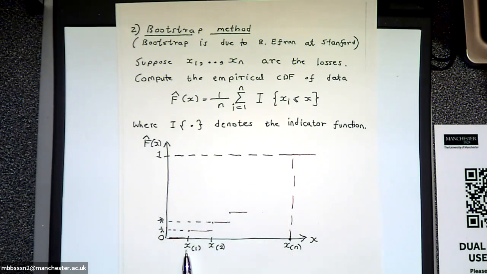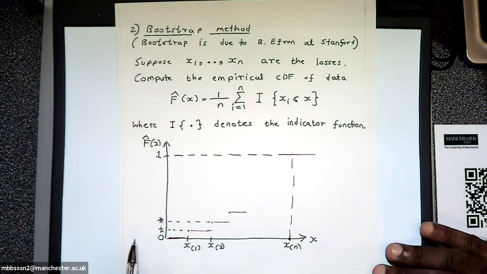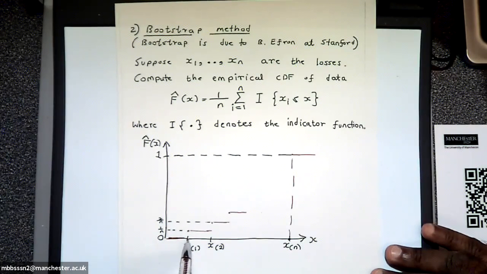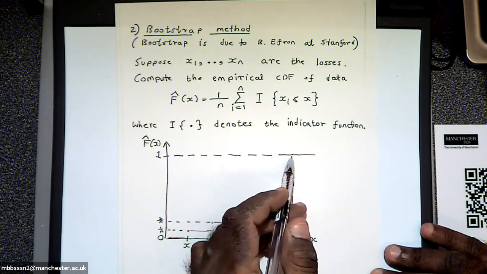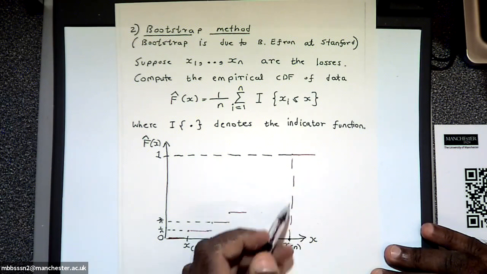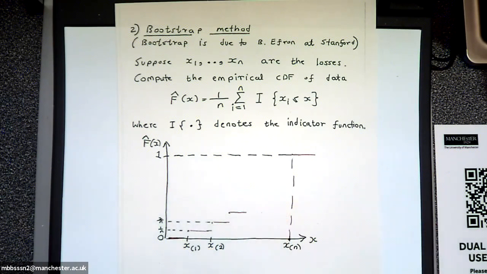If this is the smallest data, if this is the largest data, every time it hits a data point, it jumps by 1/n. So it will stay at this level. When it hits this point, it jumps by 1/n, and so on until at this point it will go to 1. So it's like a ladder.